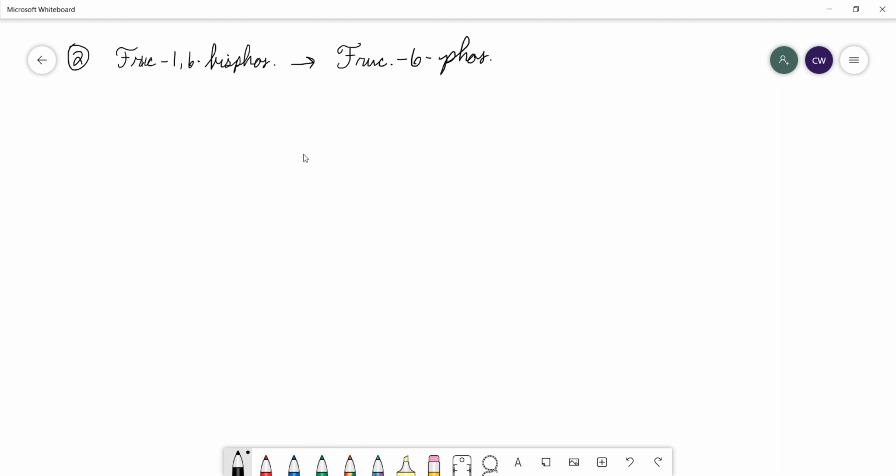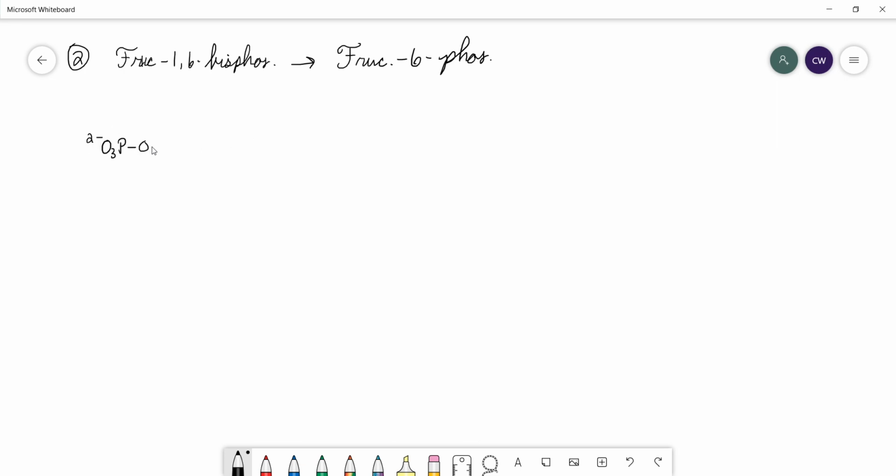We have to remove that singular extra phosphate group. We have to hydrolyze that. And so that has a reaction that looks like this.